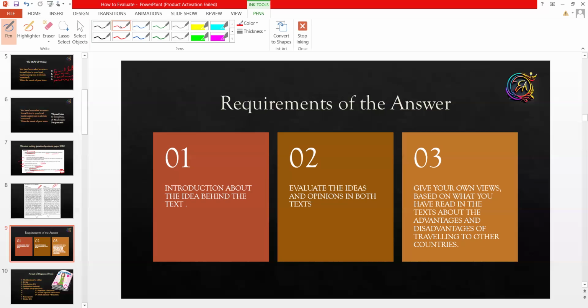How are you going to know? When you read the text thoroughly, marking the points, I'll tell you how you are going to mark the points. And then only you will know whether you agree with the advantages or you have a strong feeling for the disadvantages. Only then you will be able to write.